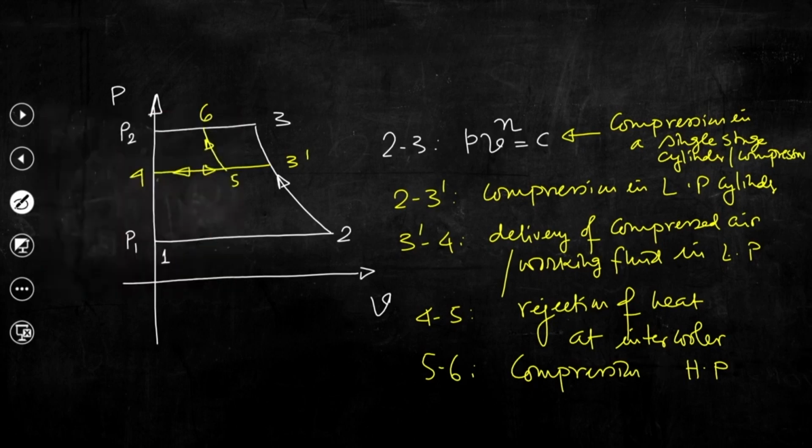This is compression in the high pressure cylinder, right. So, now these are the processes, and finally 6 to 7, that is delivery of compressed air.